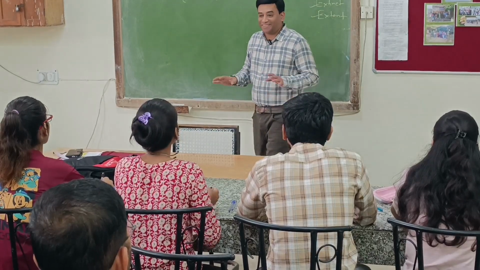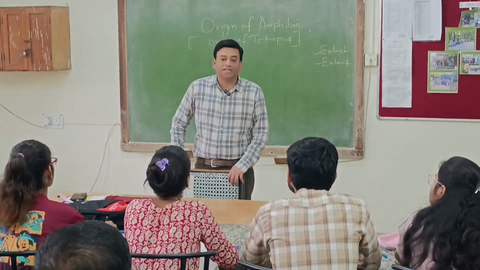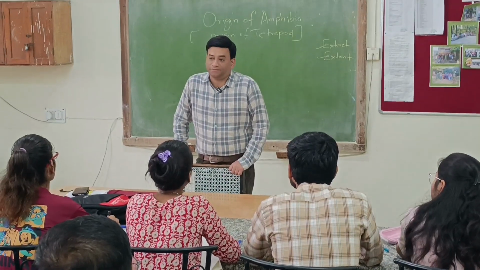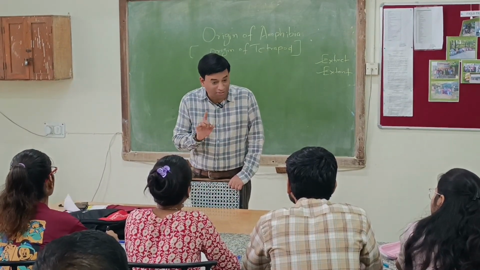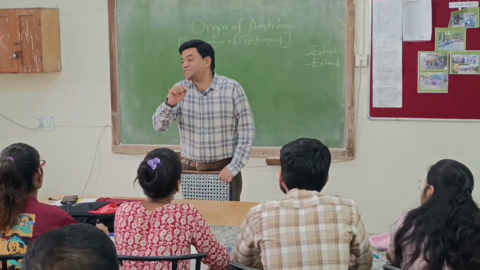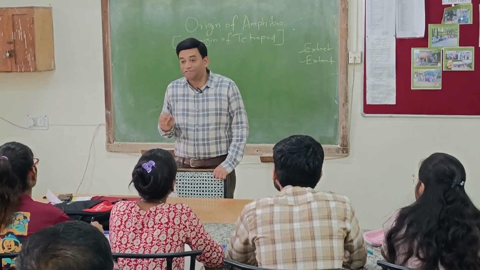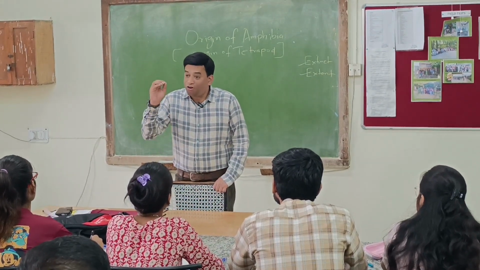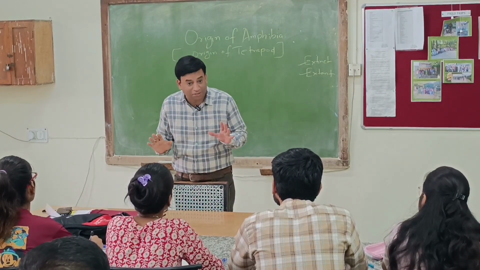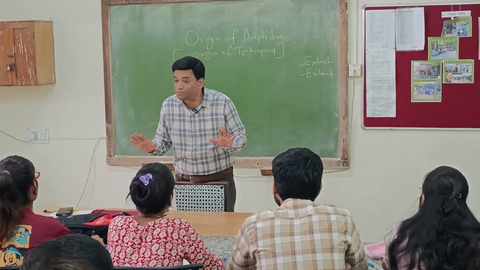But before making that, you have to learn about the classification. But remember, this is very important: not the classification of present day species. Our emphasis will be on those species which once upon a time were the dominating species, but now they are no more.